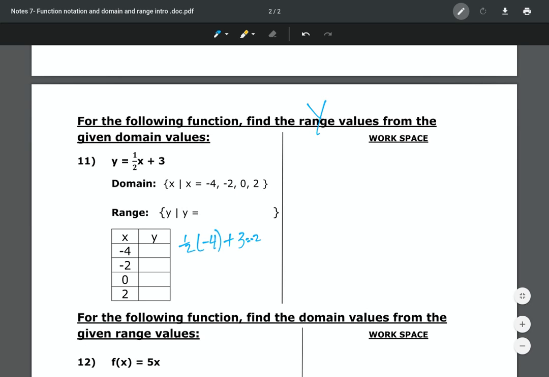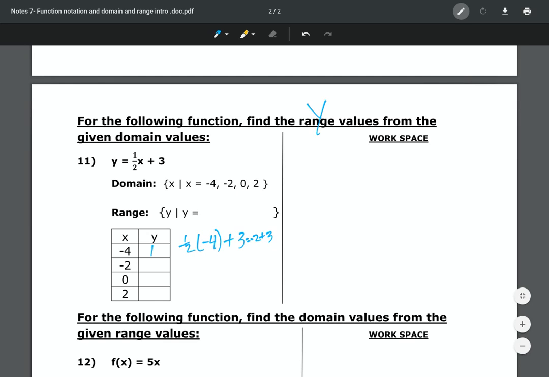So this is going to be negative 2 plus 3. Same signs, add and keep; different signs, subtract. So 3 minus 2 is 1. Take the sign of the higher, so it's a positive 1.